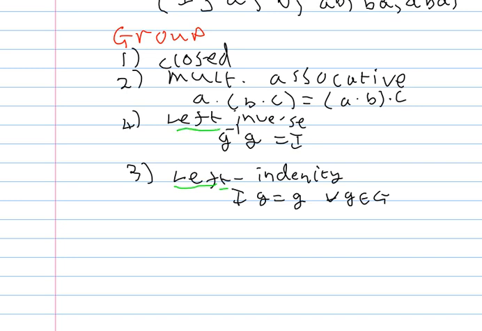Sometimes you see definitions of groups without that. It's actually the case that having a left inverse and a left identity immediately implies you have a right inverse and a right identity, and that the right inverse is the same as the left inverse, and the right identity is the same as the left identity. So these two conditions give the standard group, although they're slightly less strict.